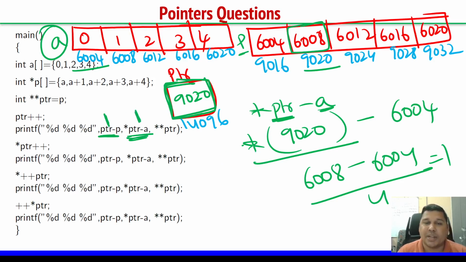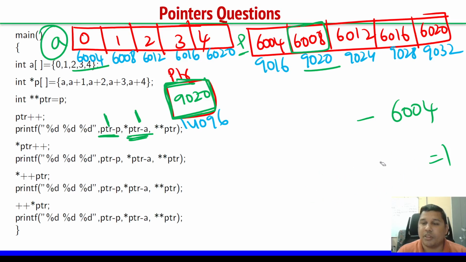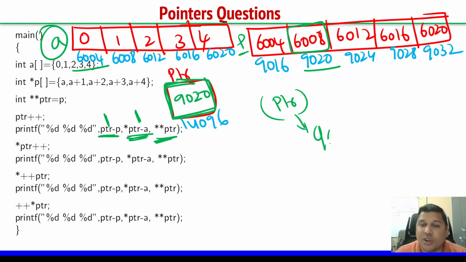Now tell me what is double star PTR? The third one, what is the value of double star PTR? Okay, so PTR is pointing to 9020. Star of this is pointing to 6008.